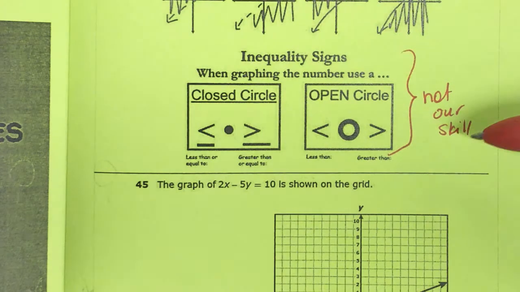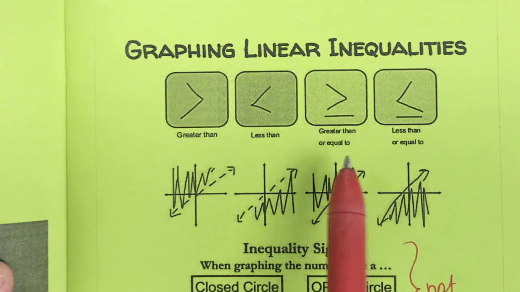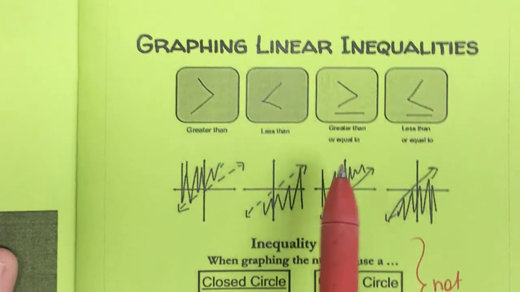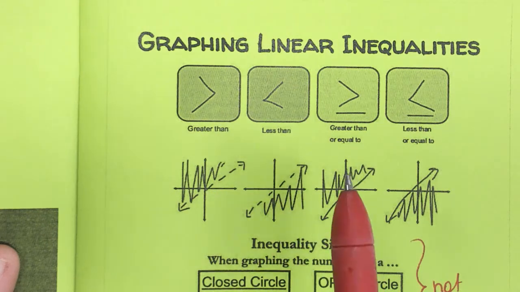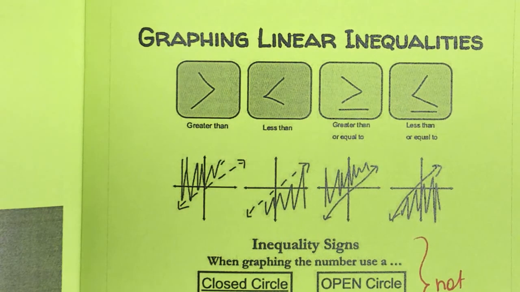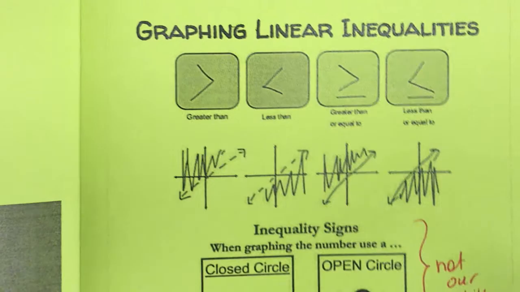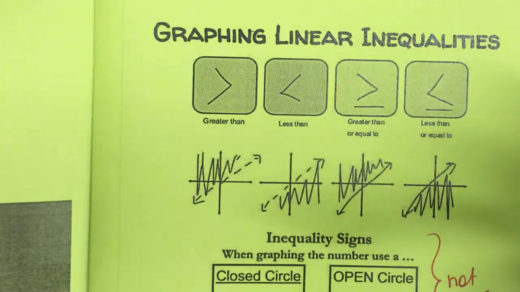So this is not our skill, but we needed this part for domain and range. This is our skill, okay? Our skill is identifying the correctly graphed inequality and identifying values that are in the solution set. So our stuff is 2 variable inequalities.